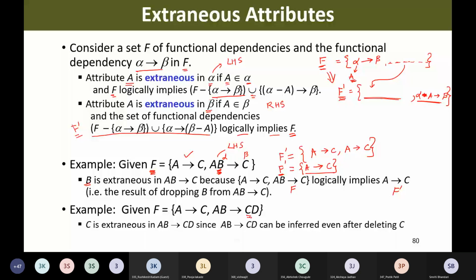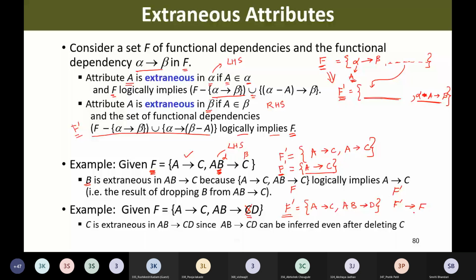And now I am checking whether this F dash determines F. Whether this F dash logically implies F. So, whether A to C and AB to D logically implies this original set F, when I am having A to C and AB to CD.